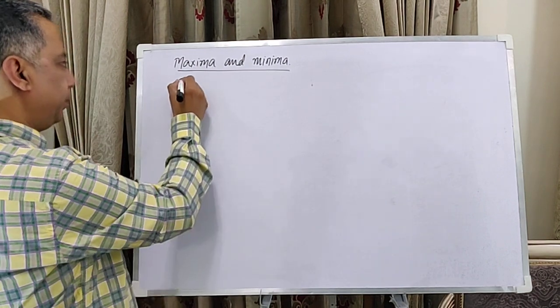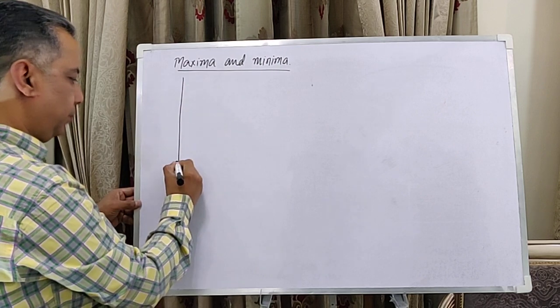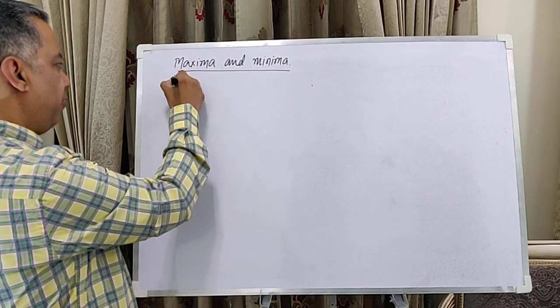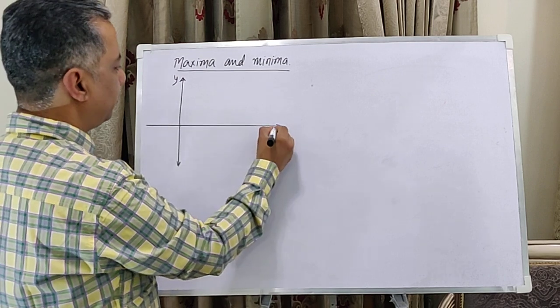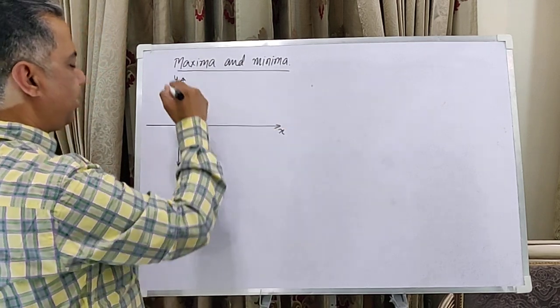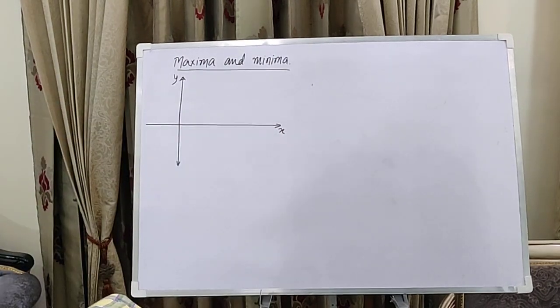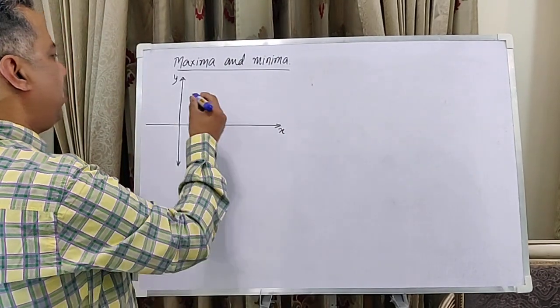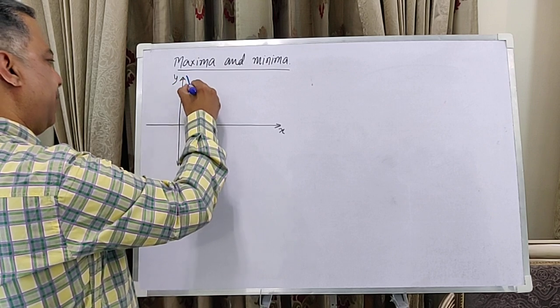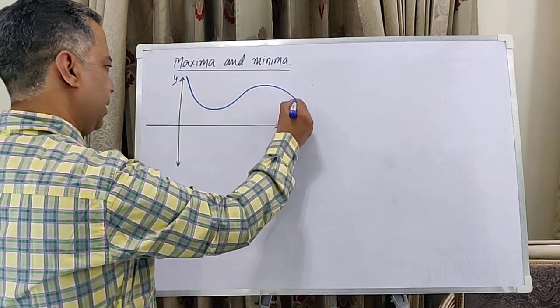Consider a graph of a function. This is the x-axis, y-axis, and let me draw the graph. Let's say the graph of a function is like this.